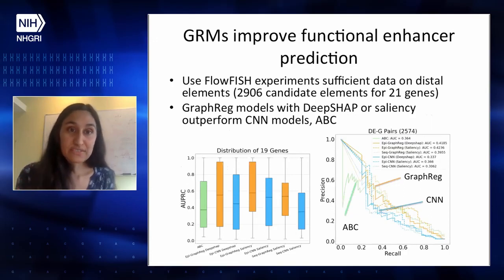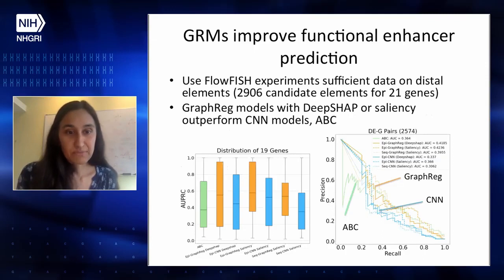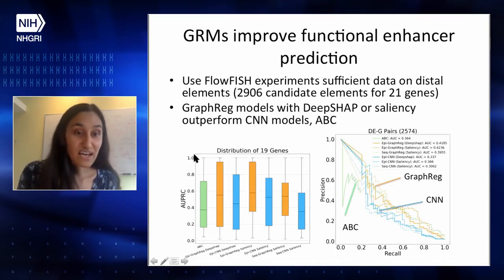What we can show is that the graph regulatory models from GraphReg outperform these other approaches. This is an evaluation on FlowFISH data in K562 cells. This is the performance by area under the precision-recall curve over a set of genes. In green is ABC, orange are the different GraphReg models, and blue are the corresponding CNN models.